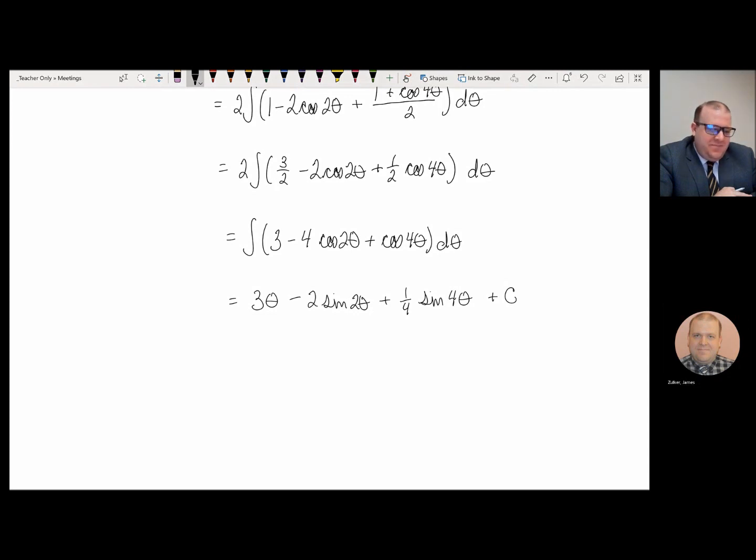So use sine of 2 theta equals 2 times sine theta cosine theta. Then sine of 4 theta would be 2 sine 2 theta cosine 2 theta, right?